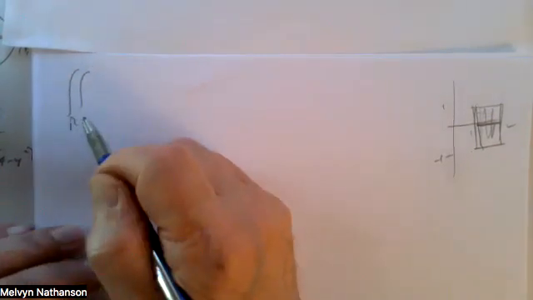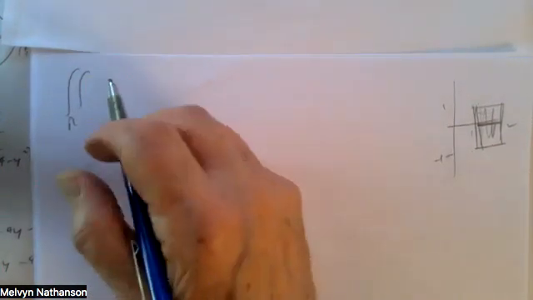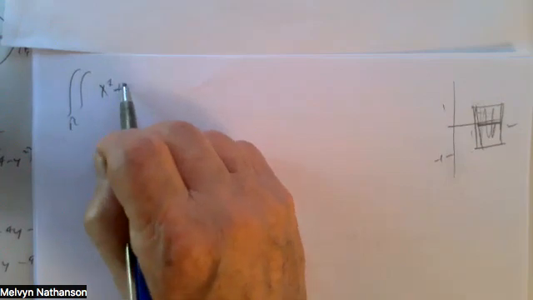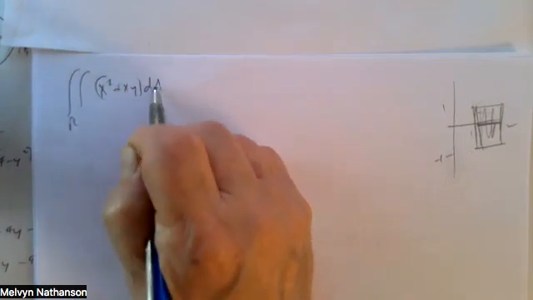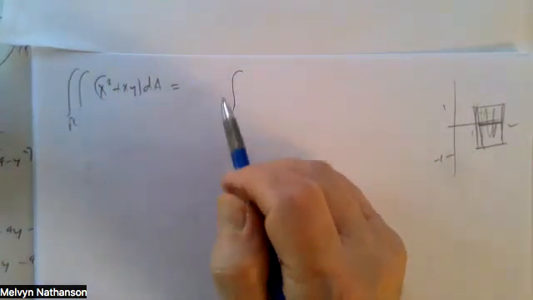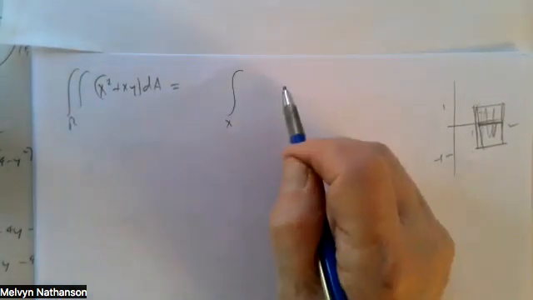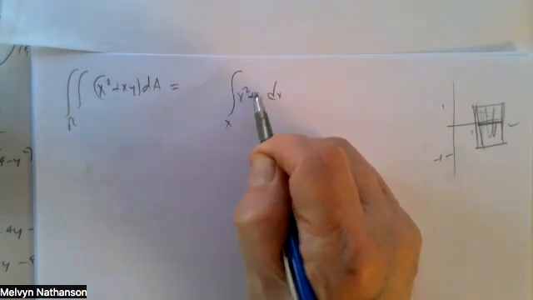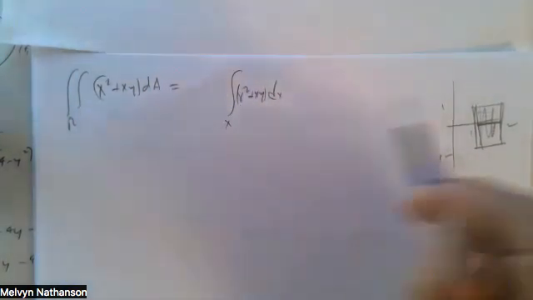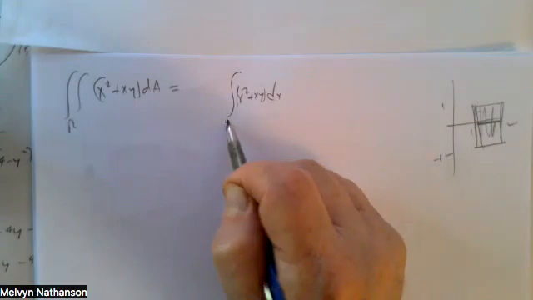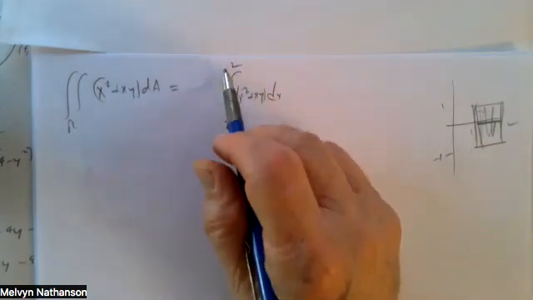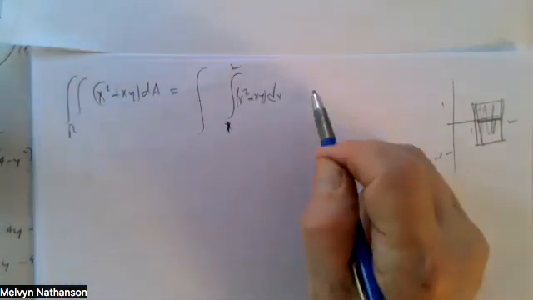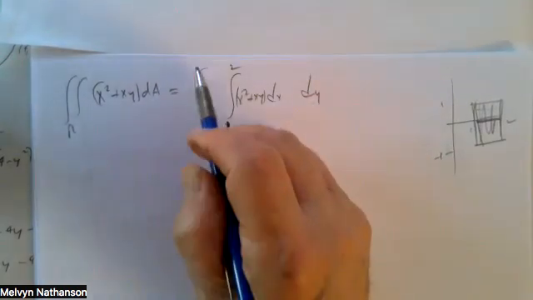So the double integral over R of my function x squared plus xy dA, if I'm going to integrate first with respect to x, so the function is x squared plus xy, x goes from 1 to 2, and then I'm going to integrate that with respect to y from -1 to +1.